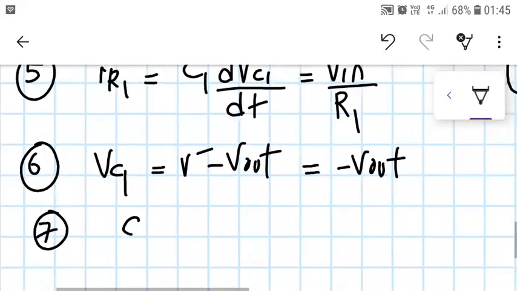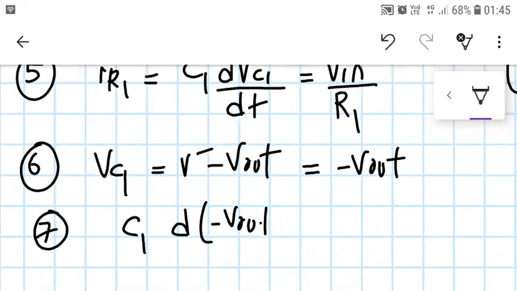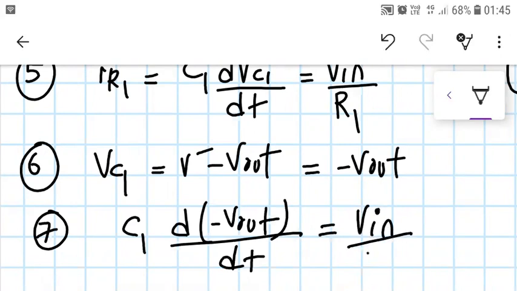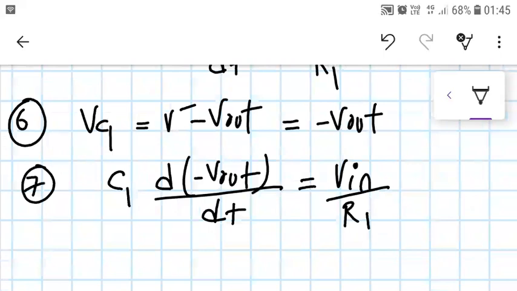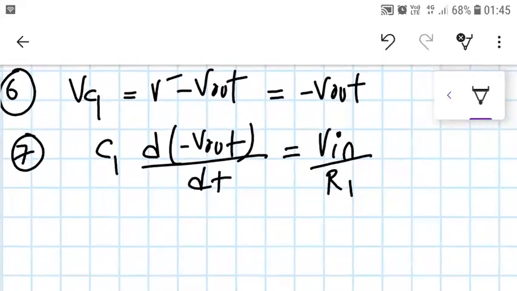So we get C1 into d of minus V out divided by dt is equal to V in upon R1. Basically we can rearrange this term. Now what we do is integrate both sides, right?